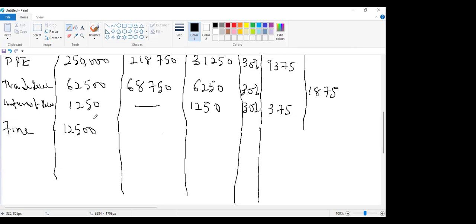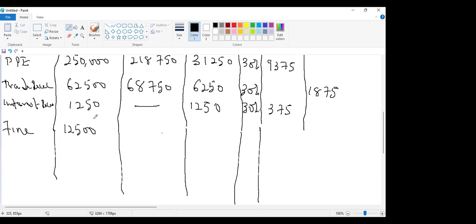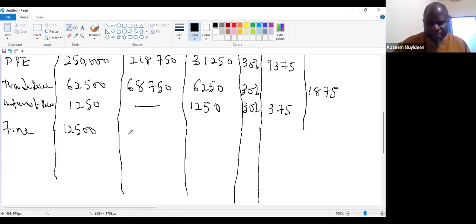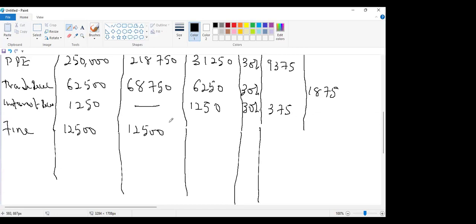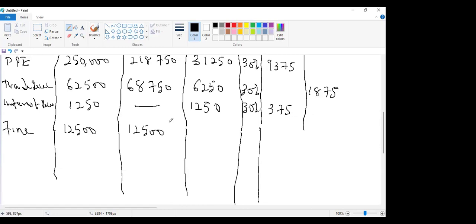Fines are not tax deductible. If fines are not tax deductible, what is going to be the tax base? It does not have tax consequence. It's not deductible for tax purposes. The carrying amount equals the tax base. Straight. The carrying amount equals the tax base.